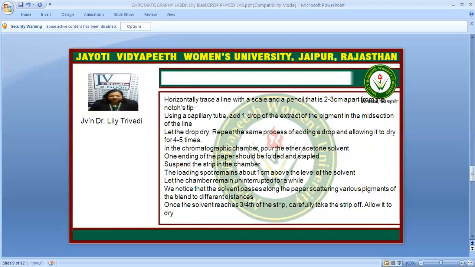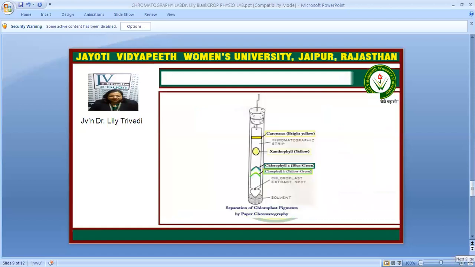So once the solvent reaches three-fourths of the strip, we take off the strip carefully and allow it to dry. So here you can see this is the procedure, and here is the solvent. This is the notch. Now this is the spot which is placed, and here is the distance traveled.